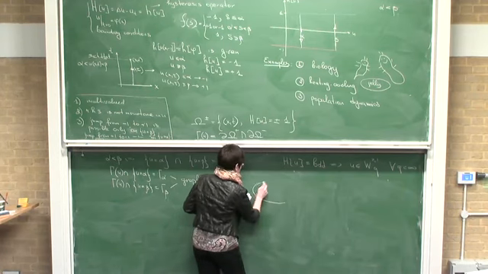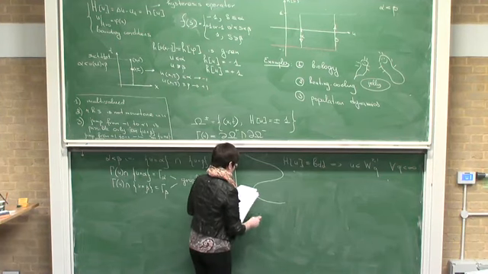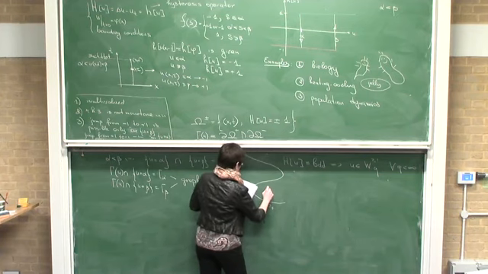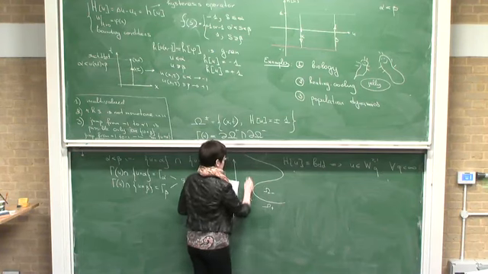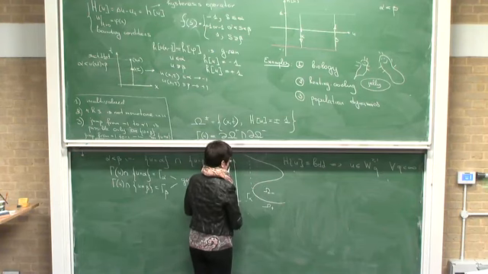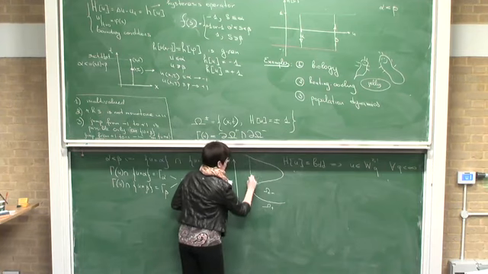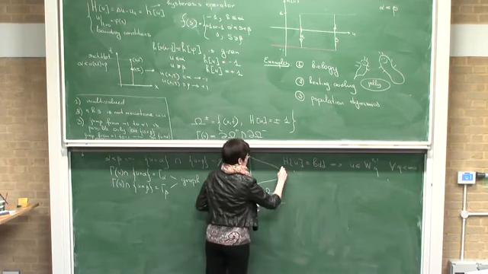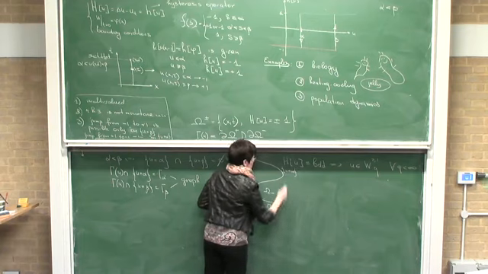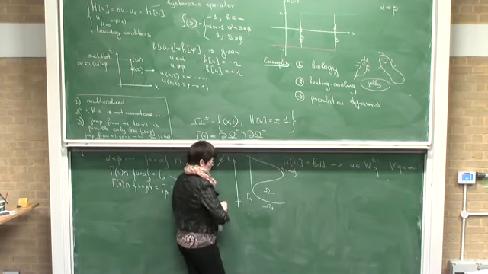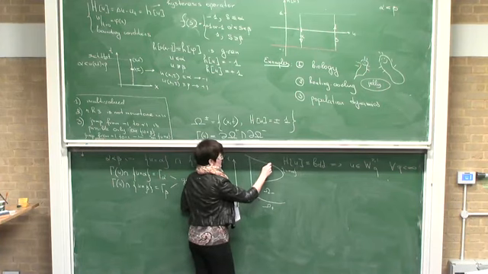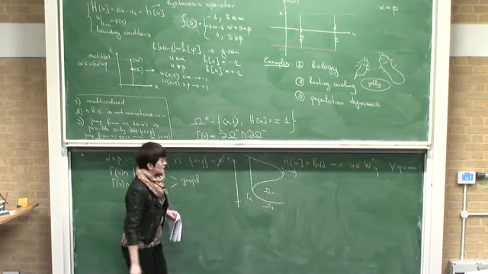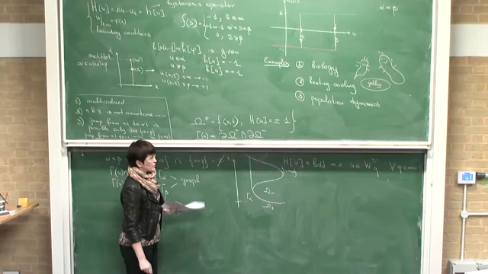Okay, third iteration. Omega plus, omega minus, and then here. So it means that this part of the curve is not an element of the free boundary.